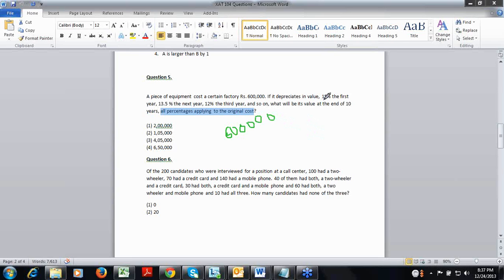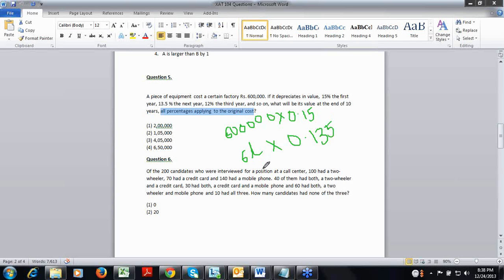In the first year it depreciates 15% of this value. So it will depreciate this much. Next year how much will it depreciate? 6 lakh into 0.135.